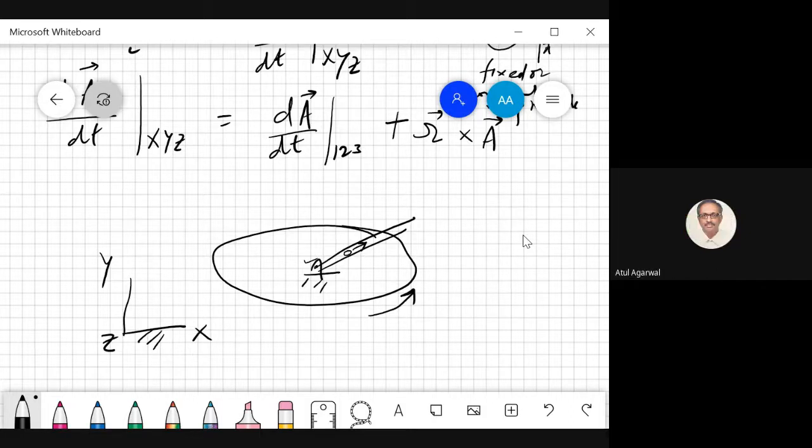So now what do we say? That we have an embedded system with the body, with the rigid body.